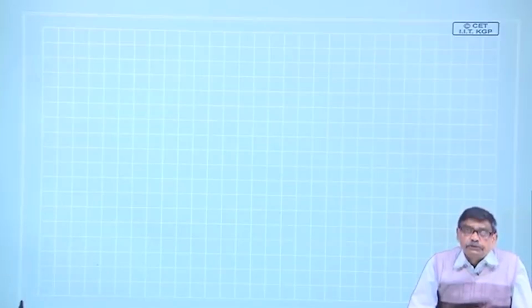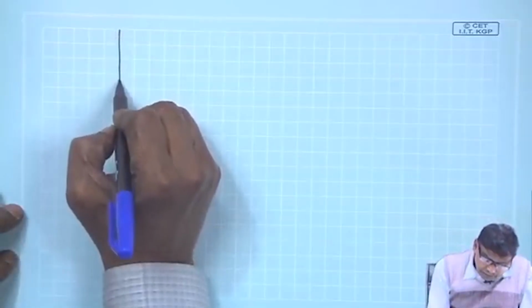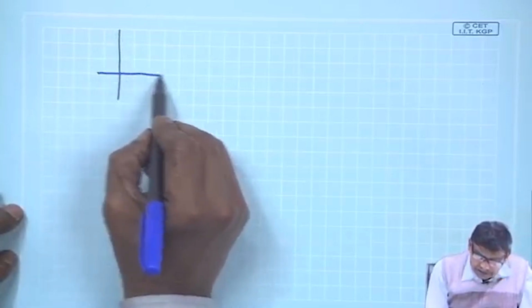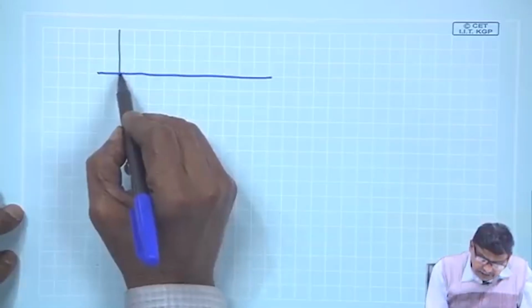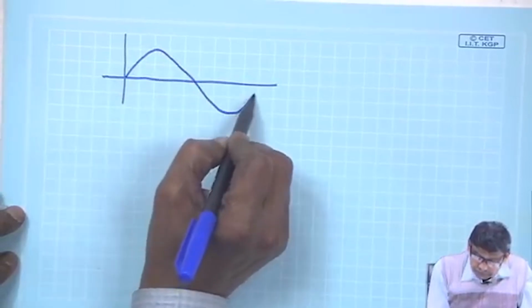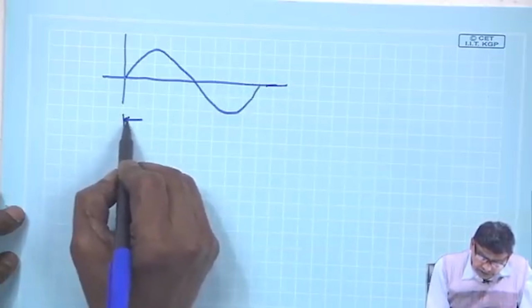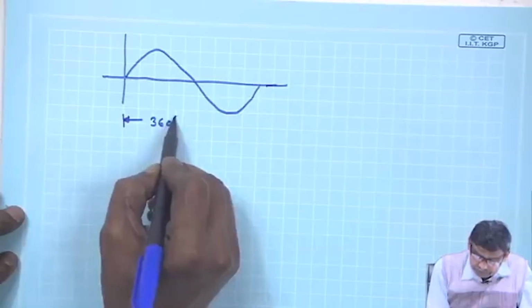The point worth noting is this: after you are expressing everything in electrical degrees, this is 180 degree electrical, 360 degree electrical.